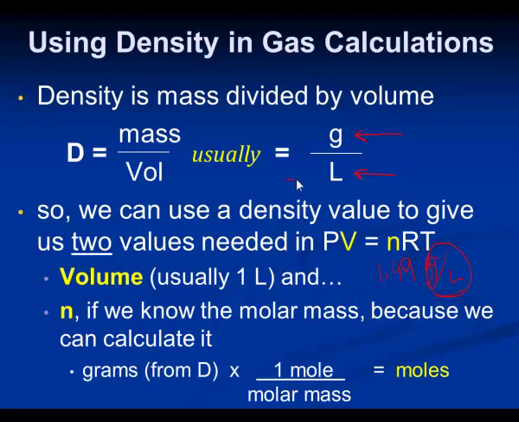Because we have liters, we can plug that in for V. And because we have grams, if we know the formula of that substance, we can use those grams to get moles, and now we have two of our important values in the PV equals nRT expression. We can use that to calculate a lot of unknowns. So using density is important in lots of gas and gas law applications.